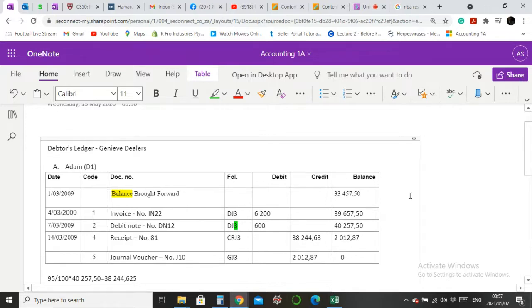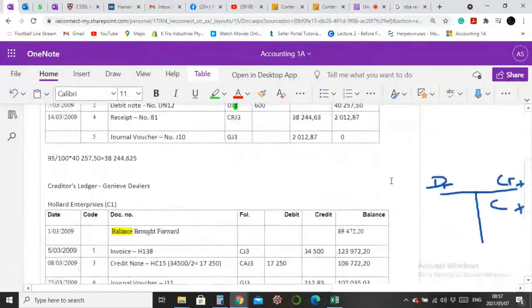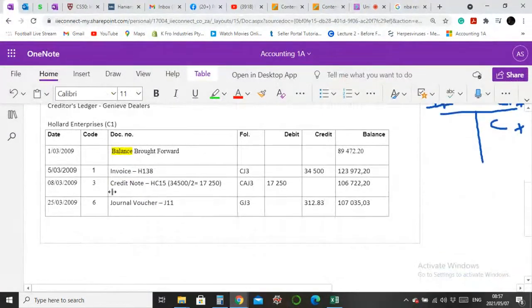All right, so Karabo there was asking why are we crediting? So again, let's quickly read the transaction before we go on. It says, the amount of 89,472.50 owing to Hollard Enterprises has been outstanding for some time now.